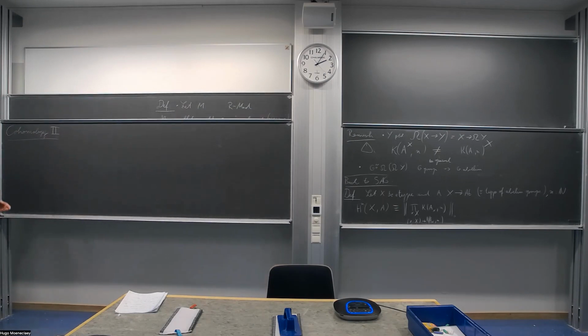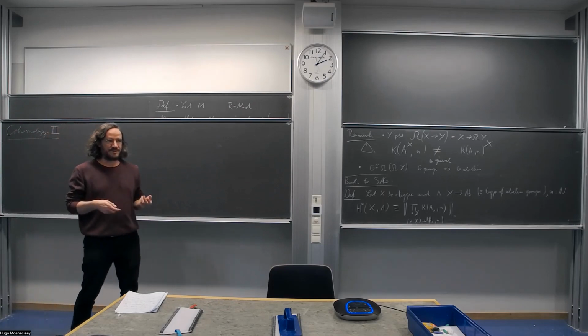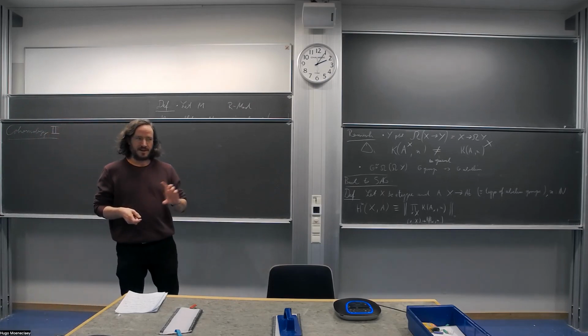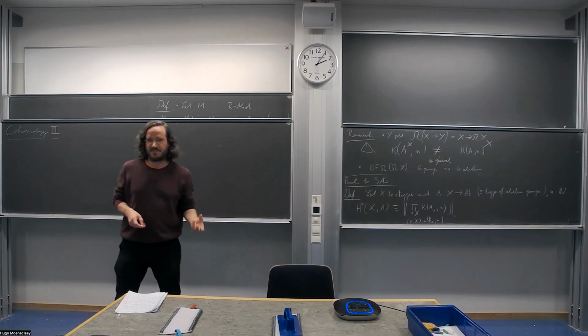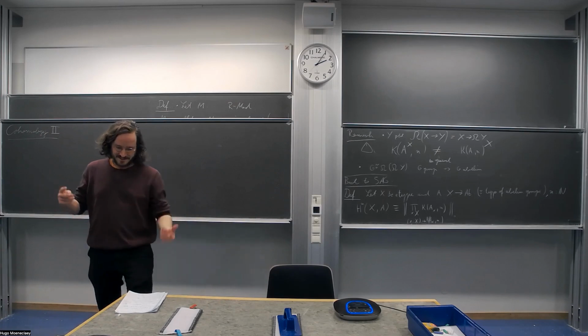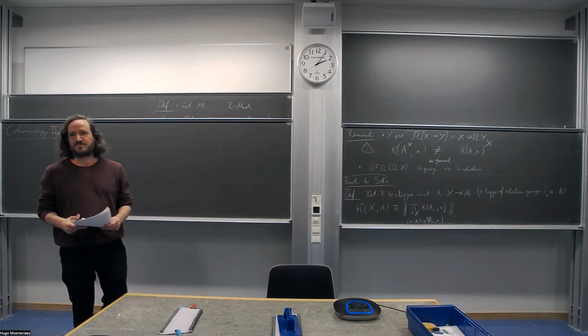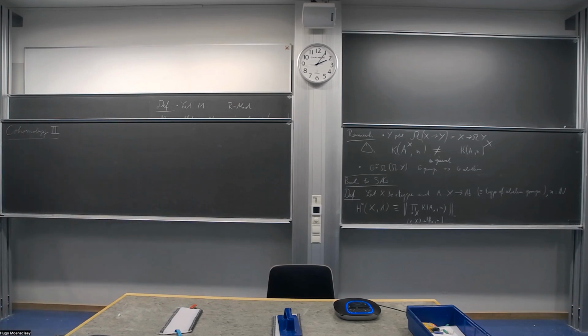What you usually have as operations between categories of quasi-coherent modules is pullback and pushforward at least. And there exist similar operations, and I will use the same notation as you classically use for pullback and pushforward, but they behave a bit differently than usual.